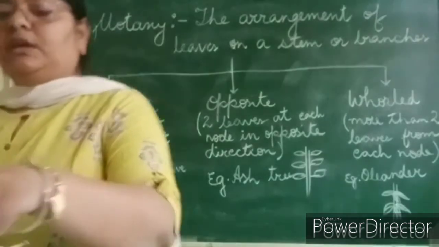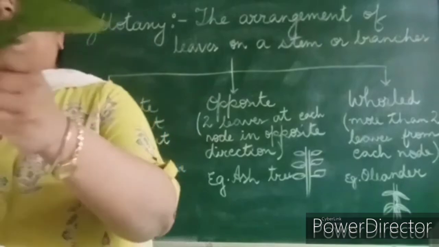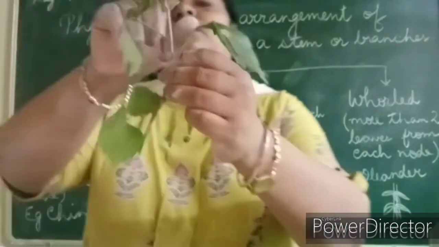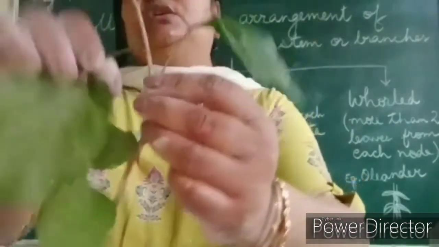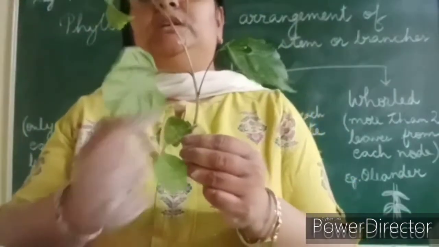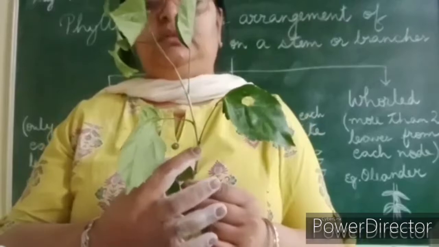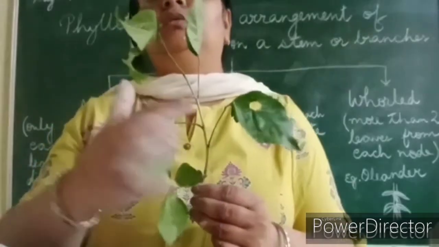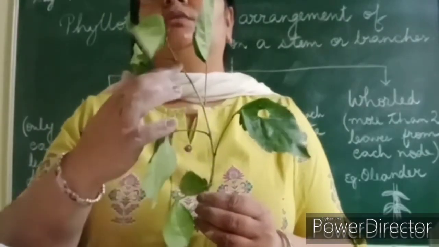Let me show you to make you understand. I brought a branch of China rose to help you understand this. These are the nodes from where the new leaves are coming out.